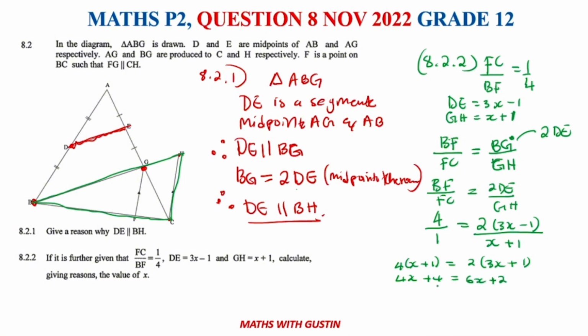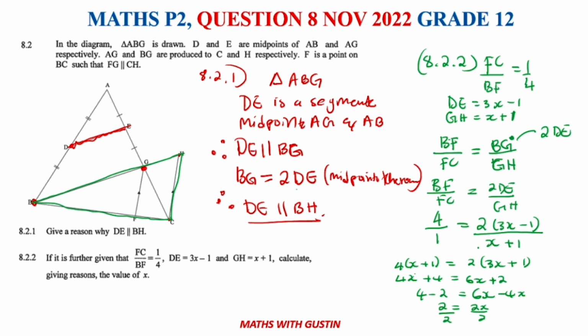Then if we simplify this further, I'm going to take 4x to that side and this one to this side. So this side I'm going to have 4 minus 2, and this one I'm going to have 6x minus 4x.